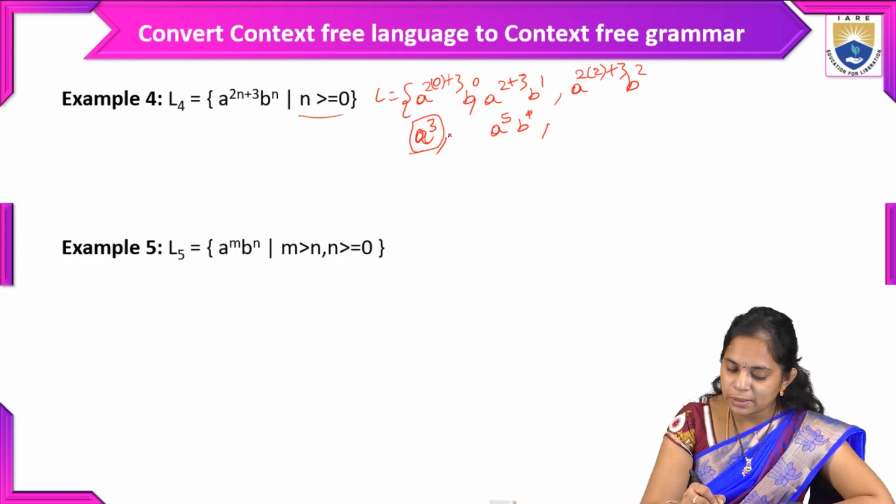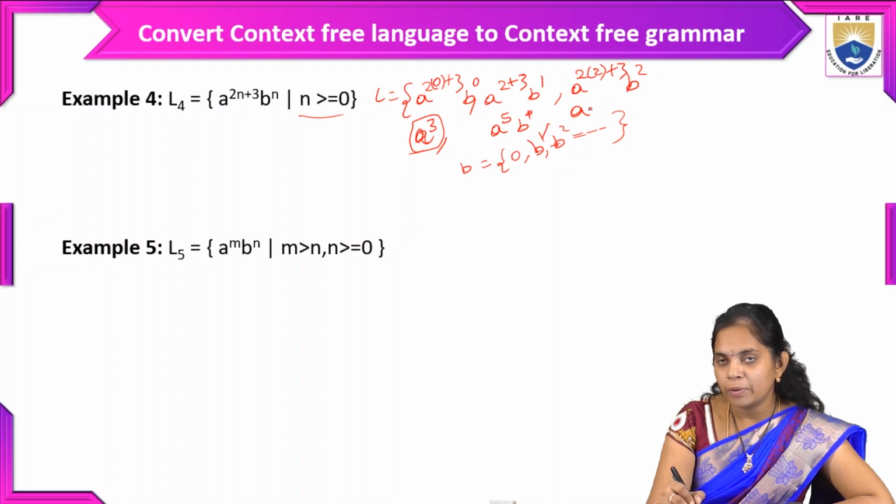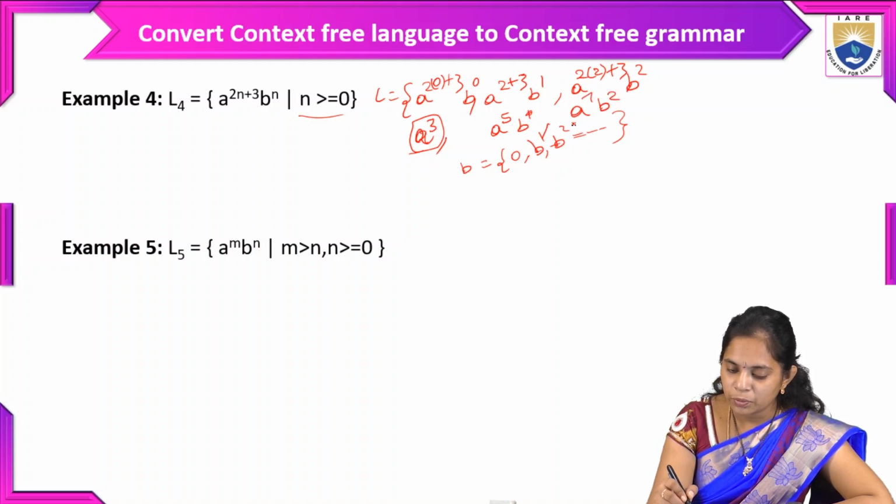So n goes from 0 and so on, we get b power 1 and b power 2 like that. And here what is the result? A power 4 plus 3, it is equal to 7, and b power 2.